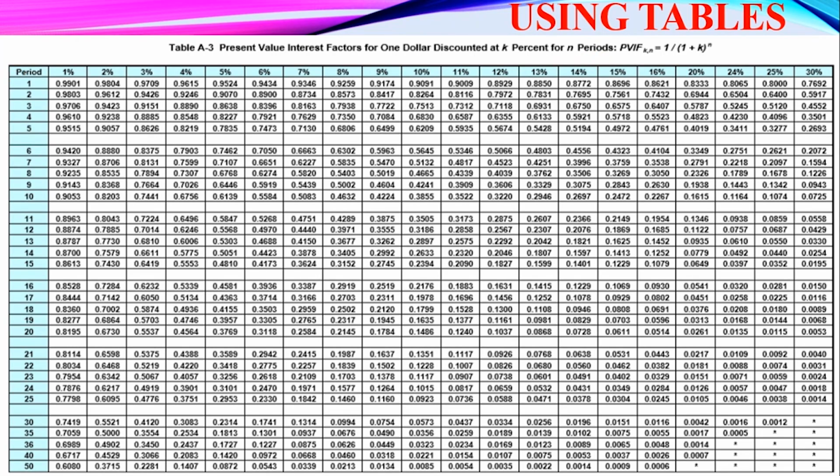The first column represents the number of periods downwards. How many years? Year 1 all the way to year 50.